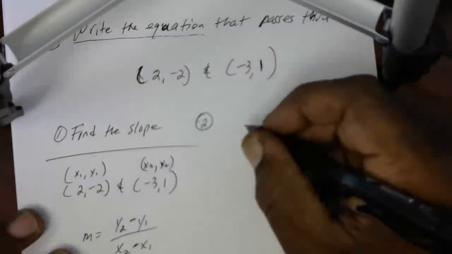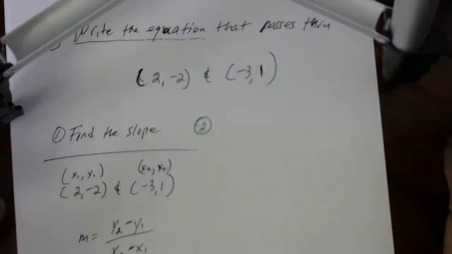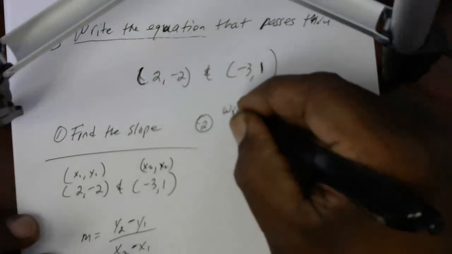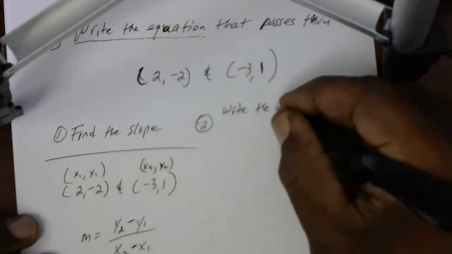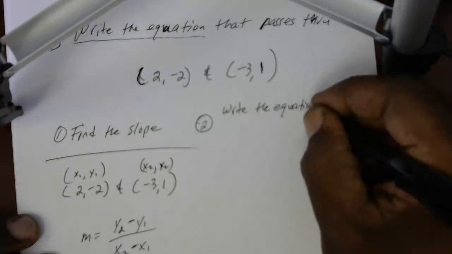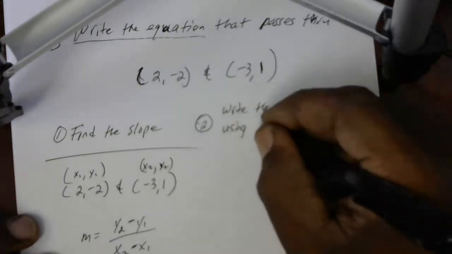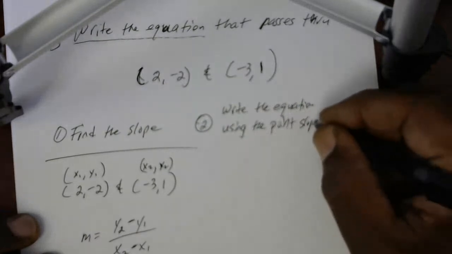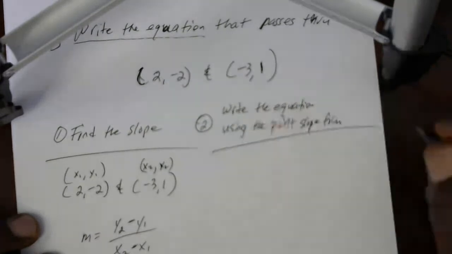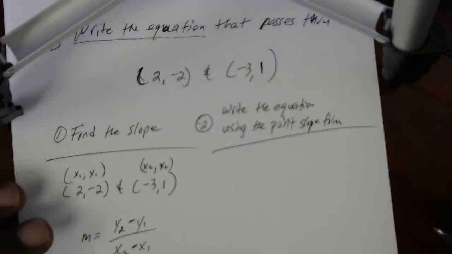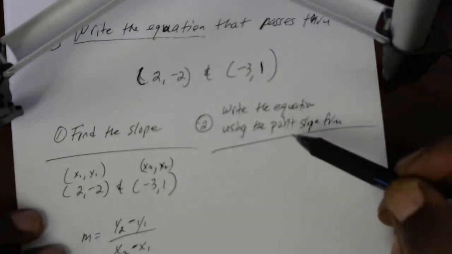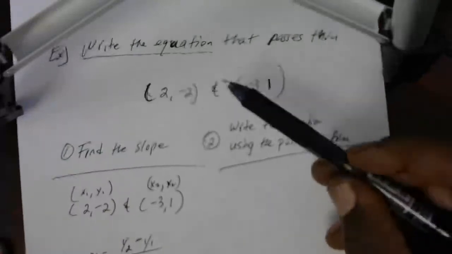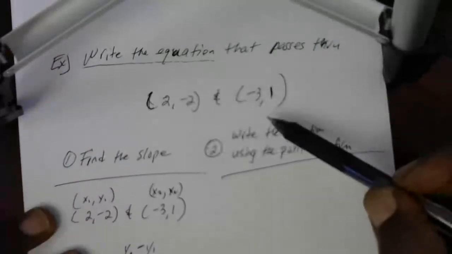The second part is we're going to write the equation using the point slope form. Right? So remember, in order to use a point slope form, we need to know the slope, which we just calculated is -3/5, and we need a point on the line.